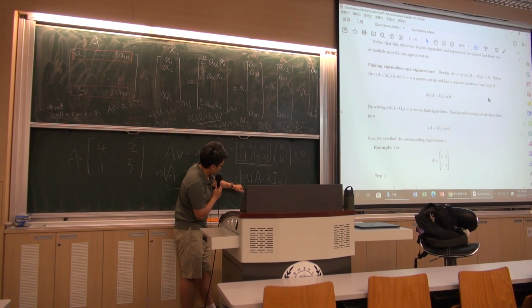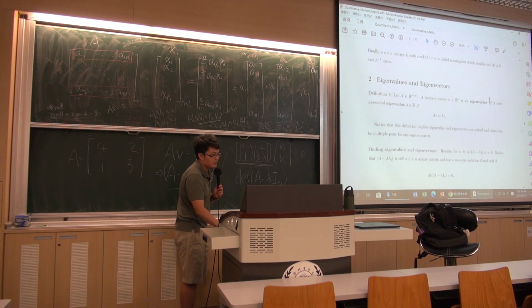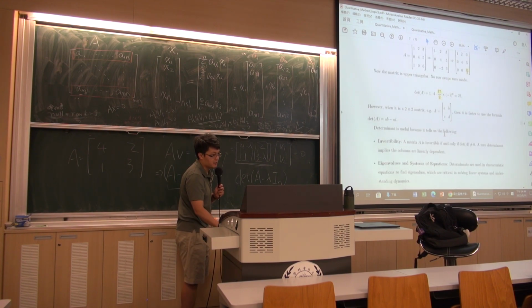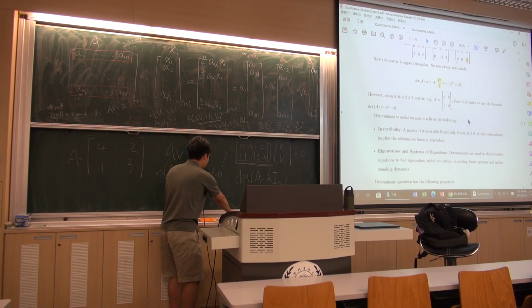And how do we calculate these things? We can follow the formula above, which is here. Now we only have 2 by 2, so we don't need to do the row operations.